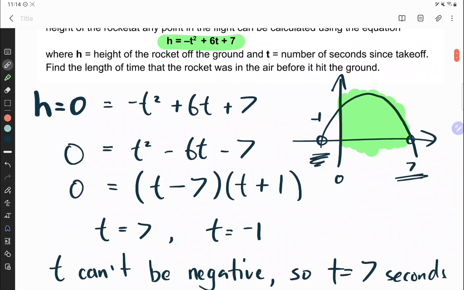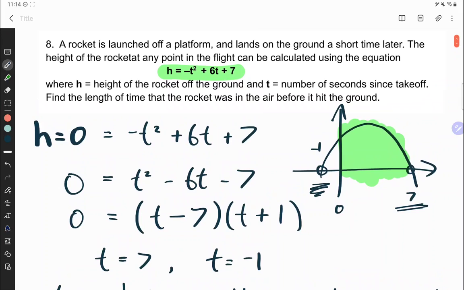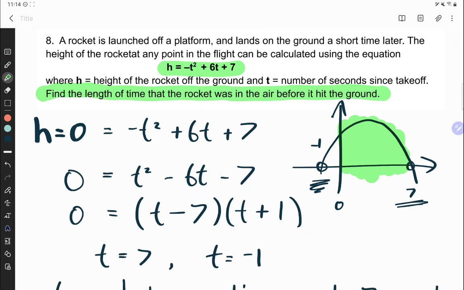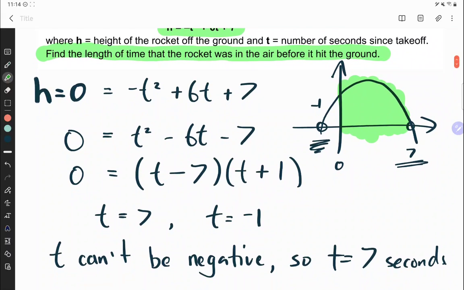So we are saying that it hits the ground 7 seconds after it launched, which is precisely the question: find the length of time that the rocket was in the air before it hit the ground. So it took off, and 7 seconds later, it hit the ground again.